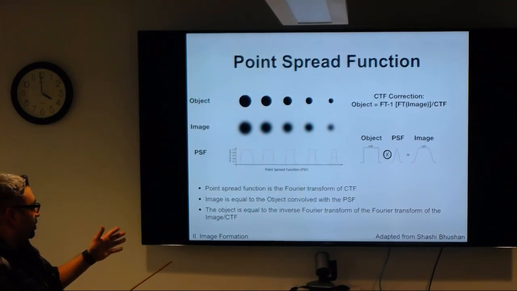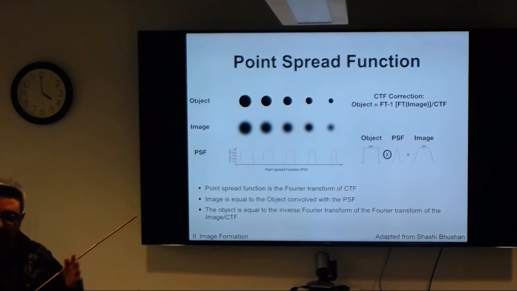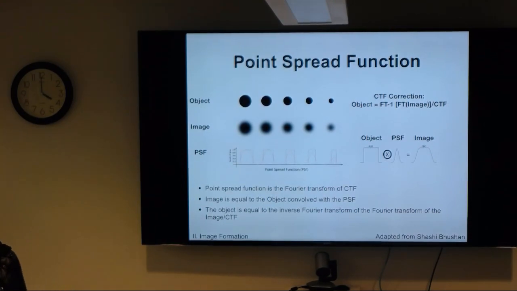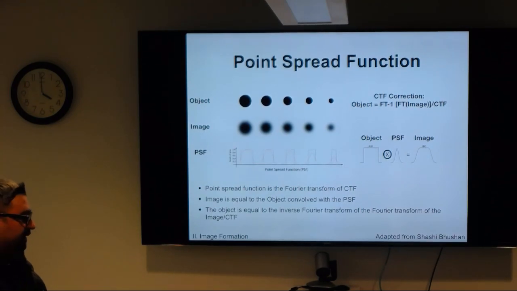The point spread function is the Fourier transform of the contrast transfer function, and the image is equal to the object convolved with the PSF. These are relationships that exist between the point spread function and the contrast transfer function, and they help us understand what image we're looking at.